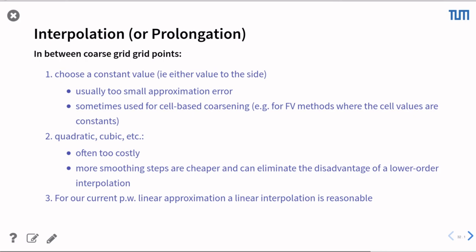So the very easiest thing that you might think of doing is to just assume that the value that something has at a certain nodal point is the same if you move slightly to the left or to the right of it. So then you just choose that value to interpolate with. But that usually leads to too large an approximation error.